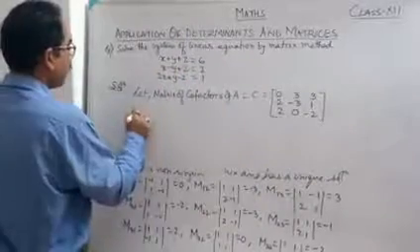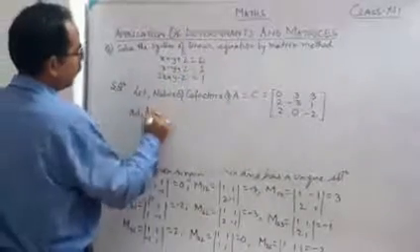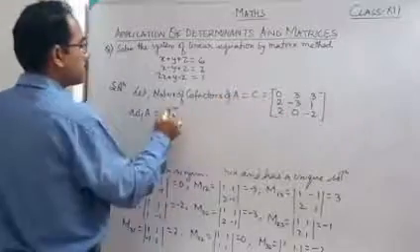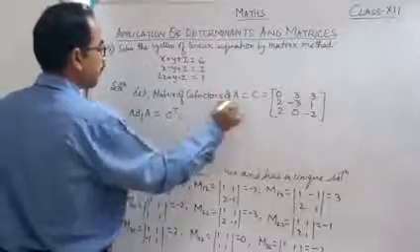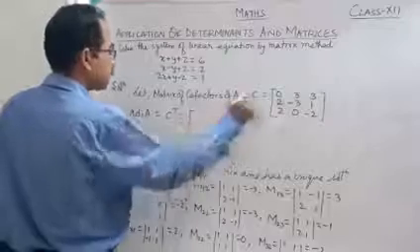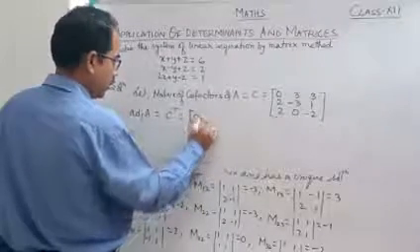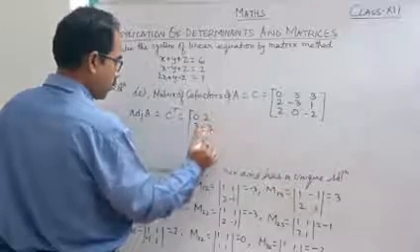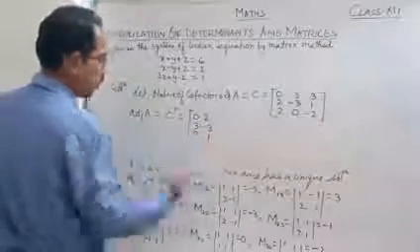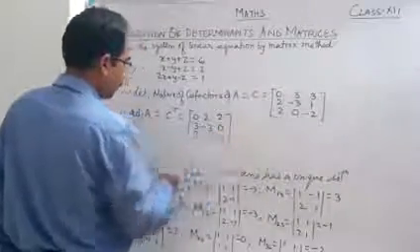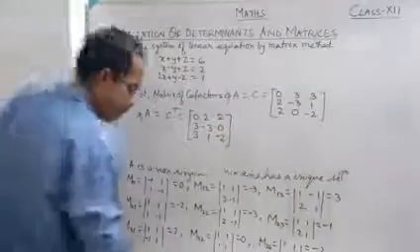Now adjoint A equal to C transpose, because we have to find the transpose of this one. That is equal to 0 3 3, 2 minus 3 1, then 2 0 minus 2. Correct?